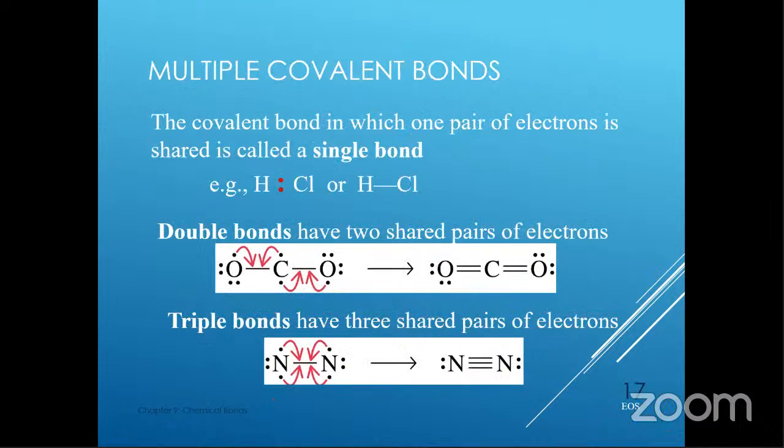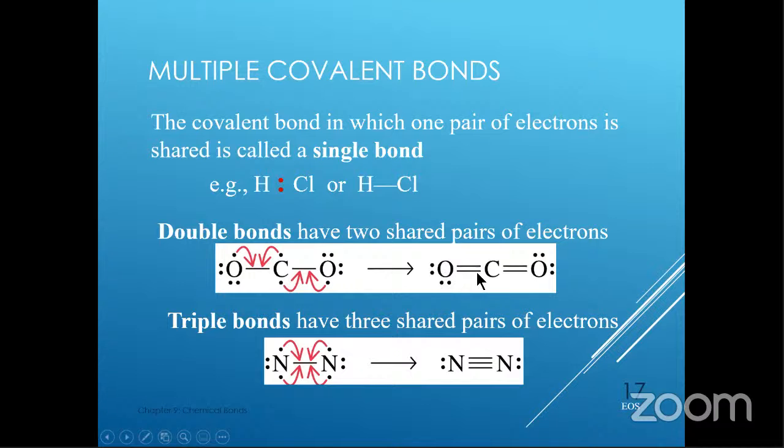Okay, another thing we need to talk about is the fact that you can have what we call multiple bonding. In other words, you can have more than a pair of electrons being shared between two atoms involved in the bond. And an example is shown here in the case of carbon dioxide. In the carbon dioxide molecule, you'll notice that there are two lines being shared between this carbon and this oxygen, and you have the same arrangement here. Remember, each line represents a pair of electrons, right?